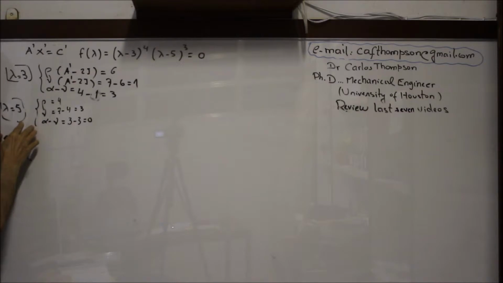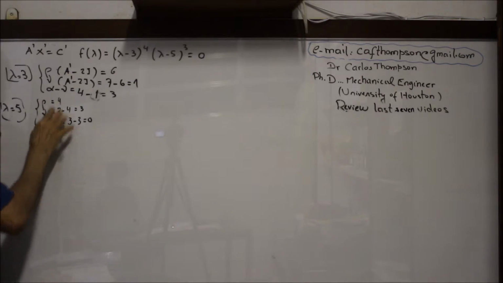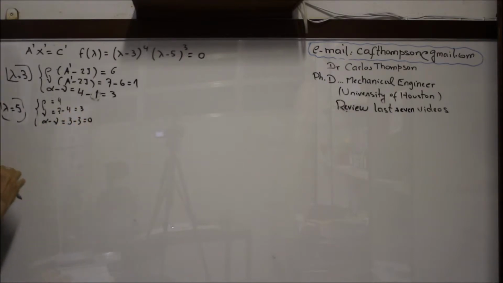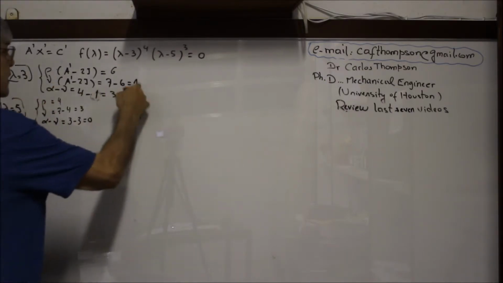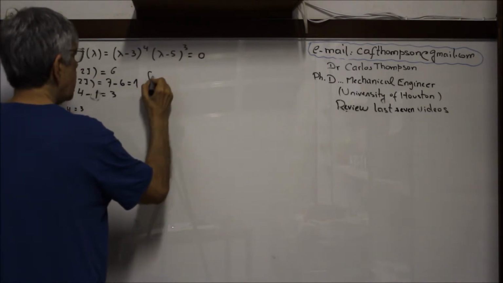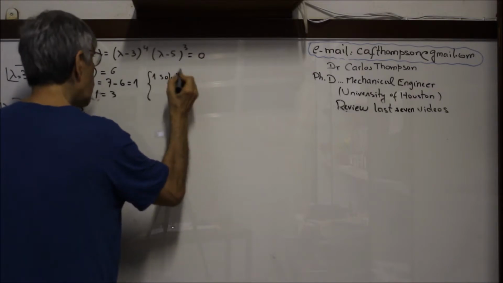Okay, suppose for lambda equal to 5, this remains the same. Rho is equal to 4, nu is equal to 3, alpha minus nu is 0. Okay? Now, what this tells me, this here shows that I have one solution. Solution of what?